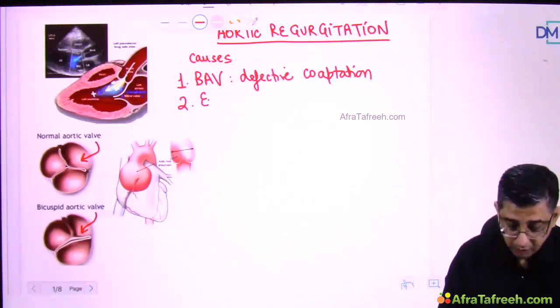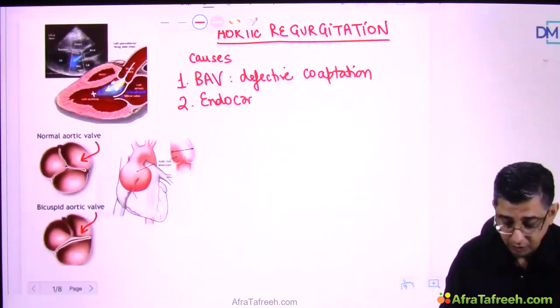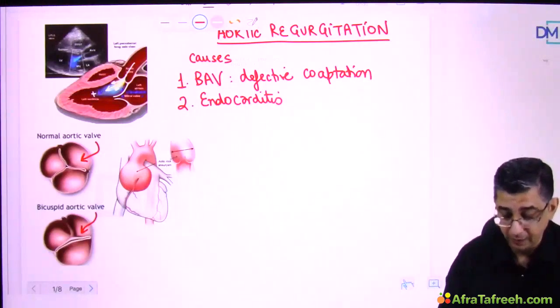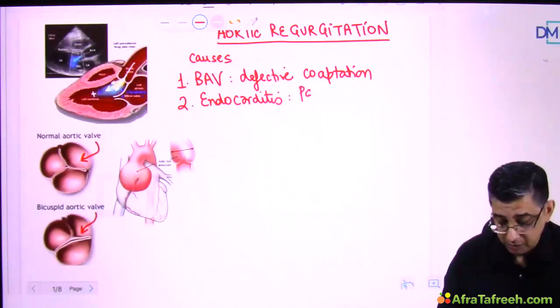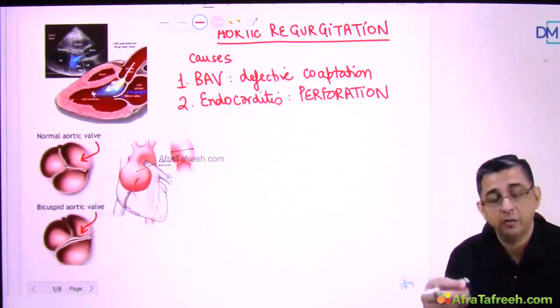One of the important causes of acute variety of aortic regurgitation, which can cause expiry of a patient in 24 hours, is endocarditis, infective endocarditis, or subacute bacterial endocarditis. The disease process can be so fulminant that there could be a perforation of the valve leaflet, or there could be avulsion of the valve leaflet, because the bacteria would destroy the valve leaflet.